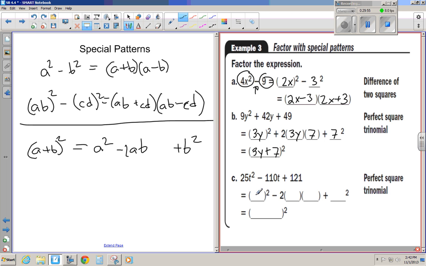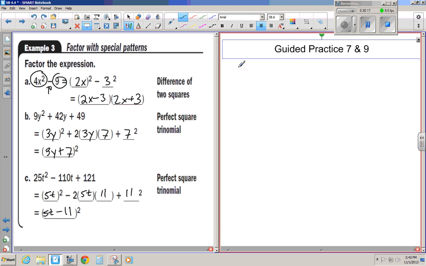Over here, it's the same deal, except it's a minus sign. So this is 11 squared. This is 5t squared. And inside, it's 5t, and it's 11. And so all together, it should be 5t minus 11 squared. So let's do guided practice number 7.